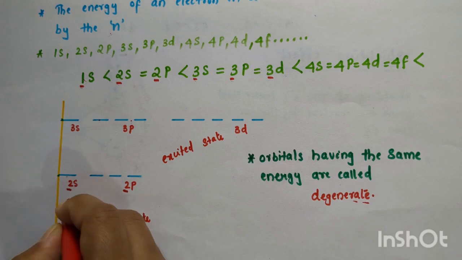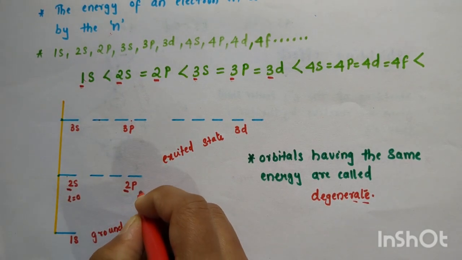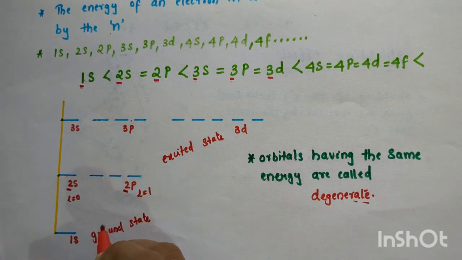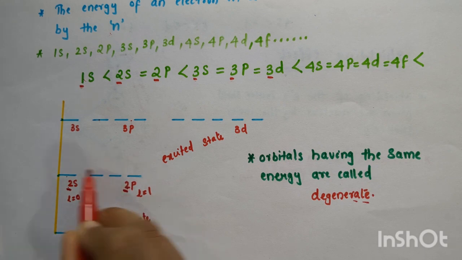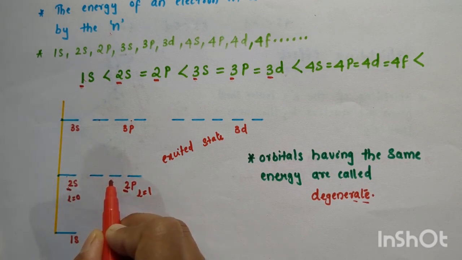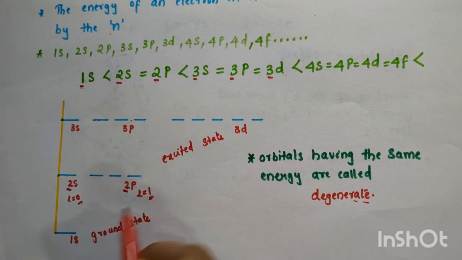This is an s orbital, so the azimuthal quantum number is 0. This is a p orbital, so the azimuthal quantum number l is 1. So you see, orbitals for the same value of principal quantum number n have the same energies, even for different azimuthal quantum number l, for the hydrogen atom.